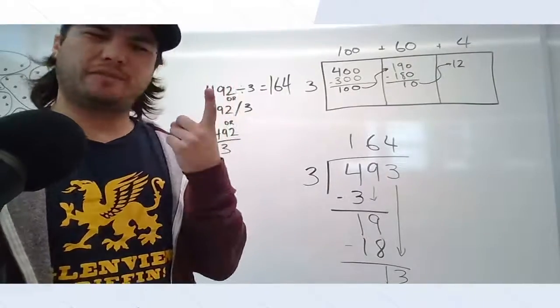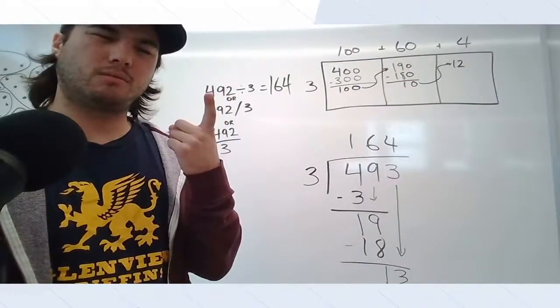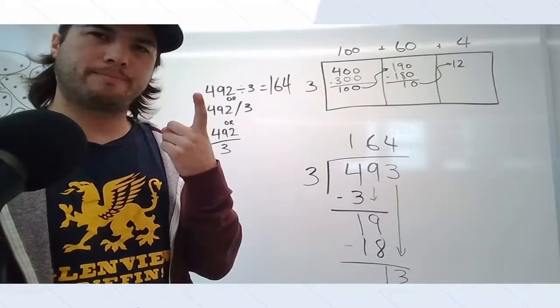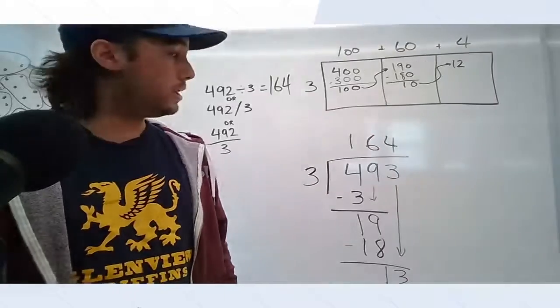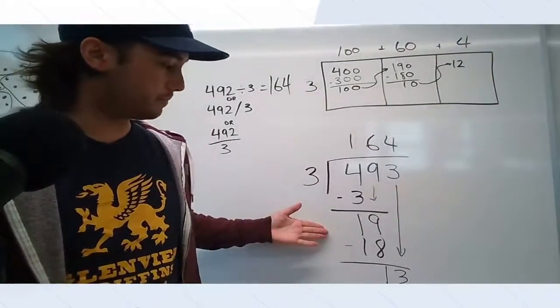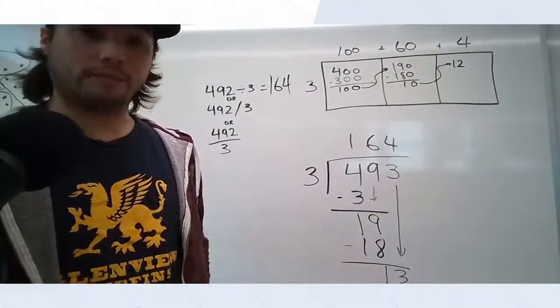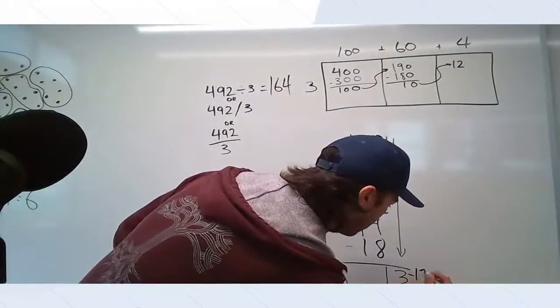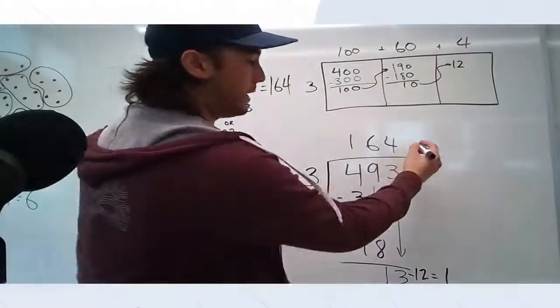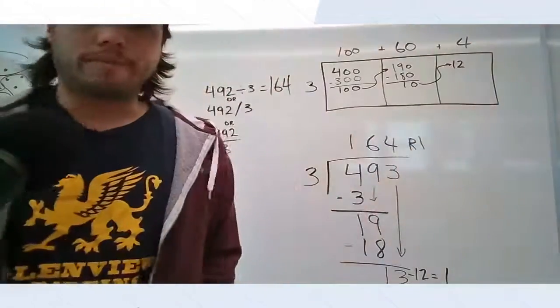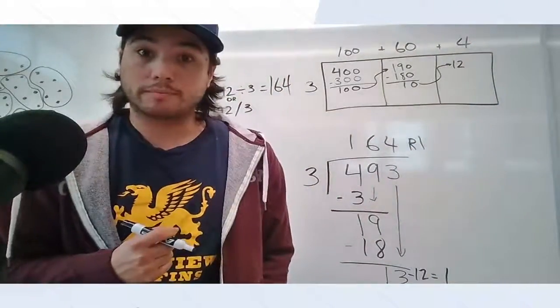Can I make a group of 3 with my 1? I'd have to break it into fractions to do it. Okay? So one way you can write this answer, if you had 1 left over, is you could write it remainder 1. There's 1 left over.